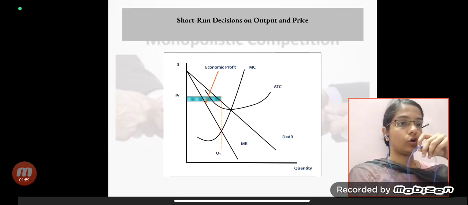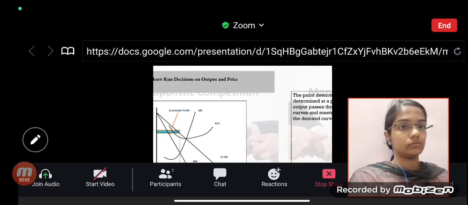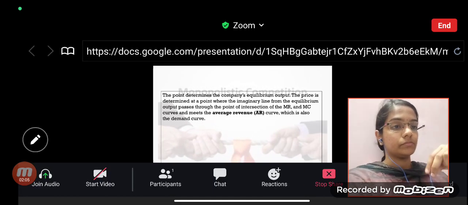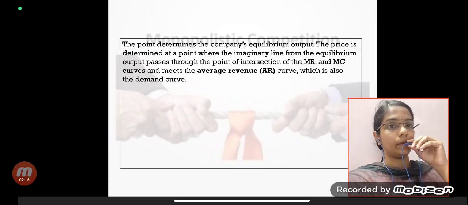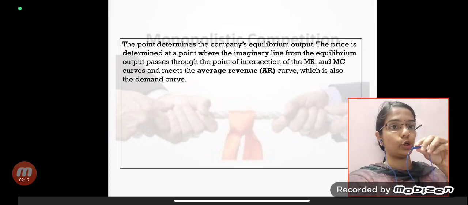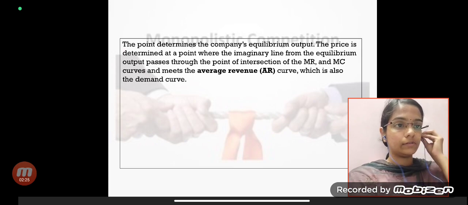Short-term decisions on output and price. This point determines the company's equilibrium output. The price is determined at a point where the imaginary line from the equilibrium output, passing through the point of intersection of the MR and MC curves, meets the average revenue curve, which is also the demand curve.